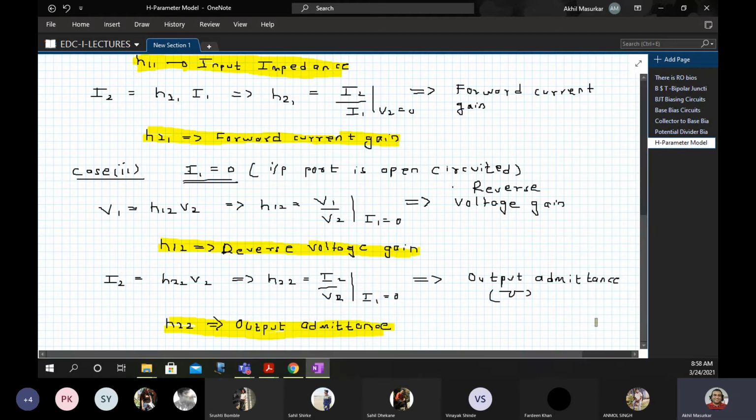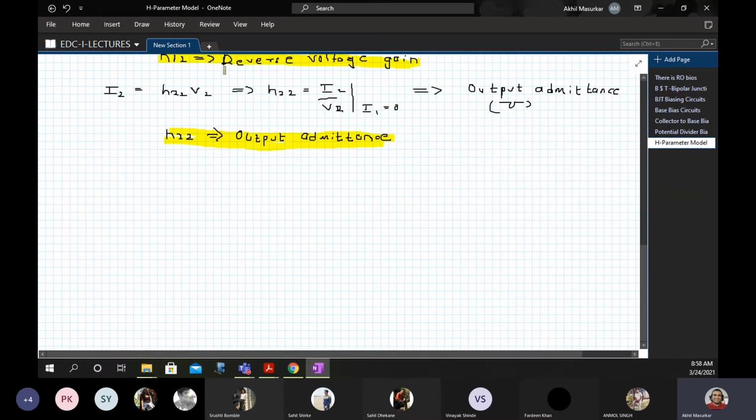So based on these equations, we can draw a small circuit now.